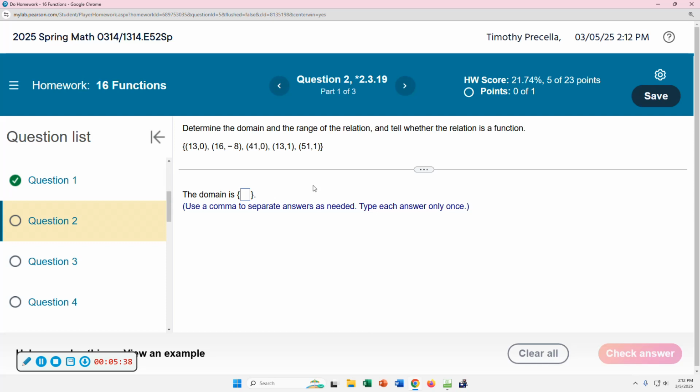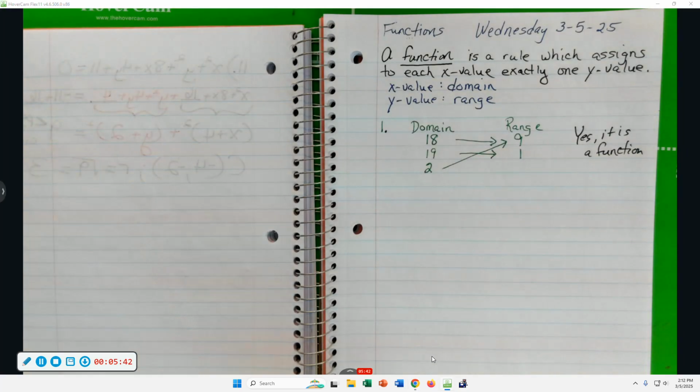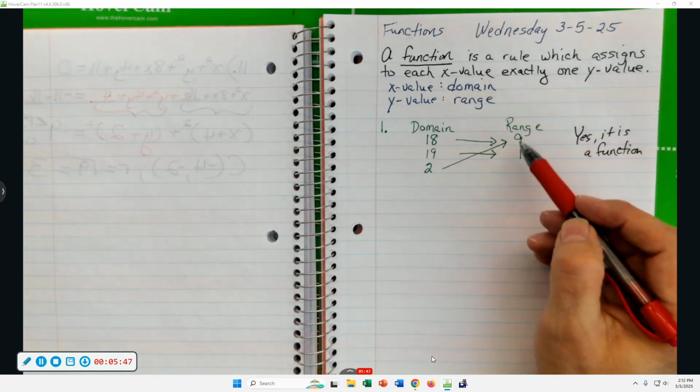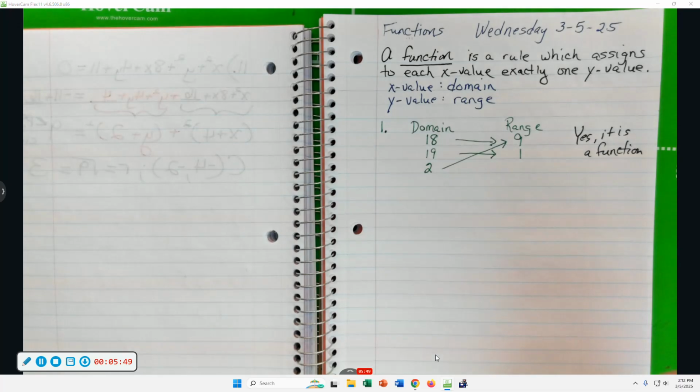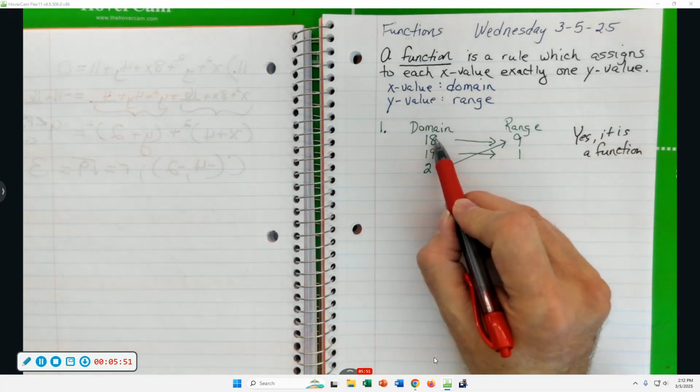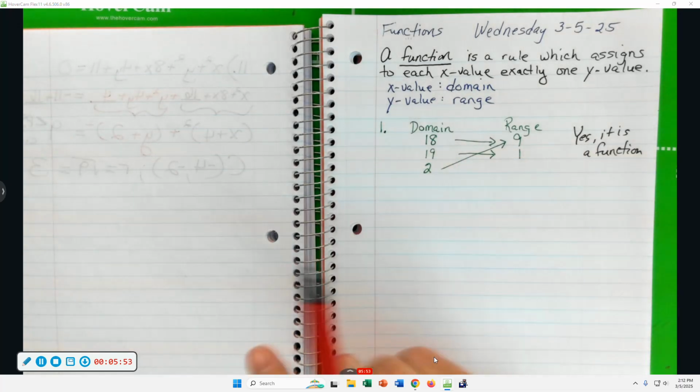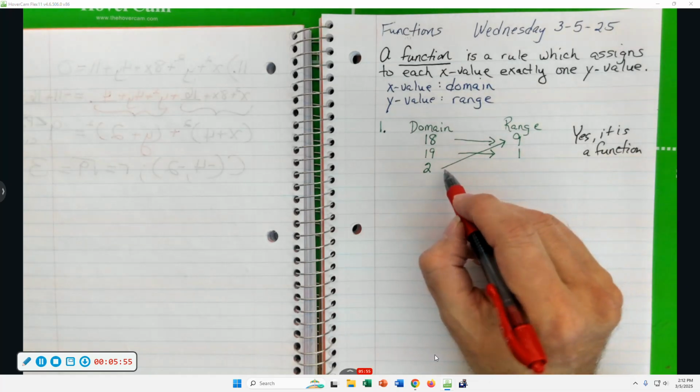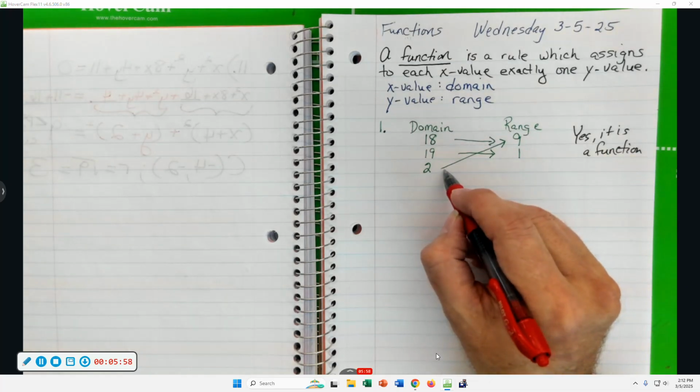What would we need in order for it not to be a function? You might think, well, wait, they're reusing the 9. That's irrelevant. If any one of these x values had 2 arrows going out, what I'm about to do is going to make it not be a function.